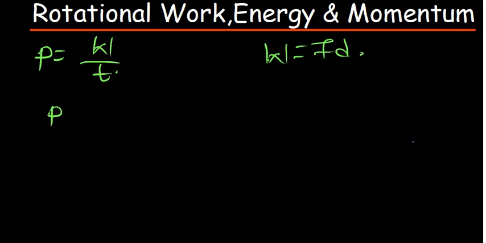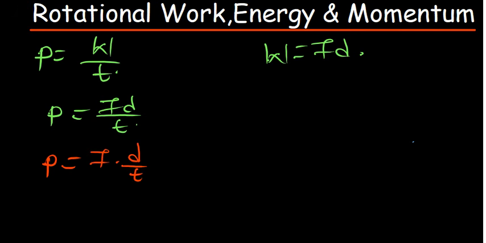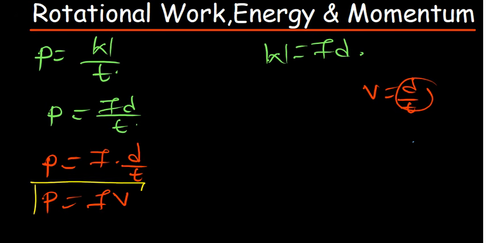So we can replace work with force times distance divided by time. What else can we see? We can clearly see that power will be equal to the force times, I can isolate this, and I do know that velocity is the distance over time. I can replace this with v. Power is the force times the velocity. This formula is under translational power.